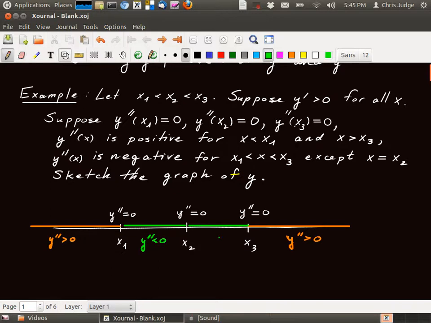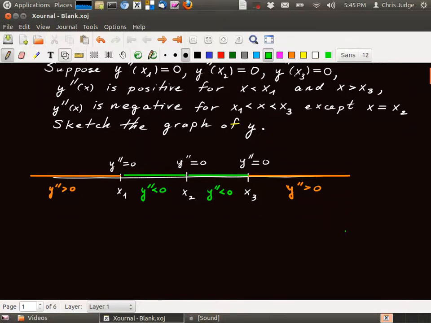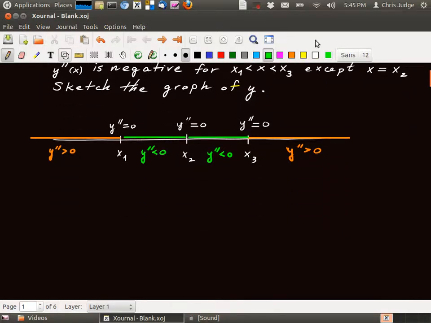Y double prime is negative, y double prime is negative. So I haven't done much except take this complicated information that was written out here and expressed it in a table, or a chart if you like. Now let's get to work on actually graphing the function.